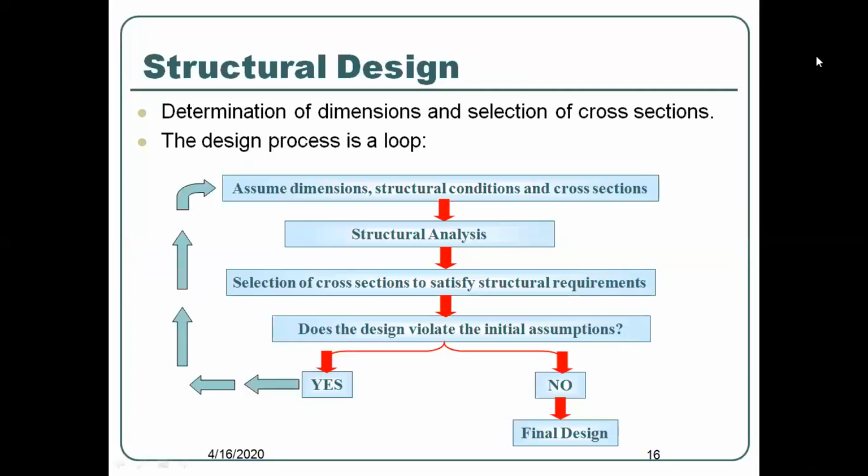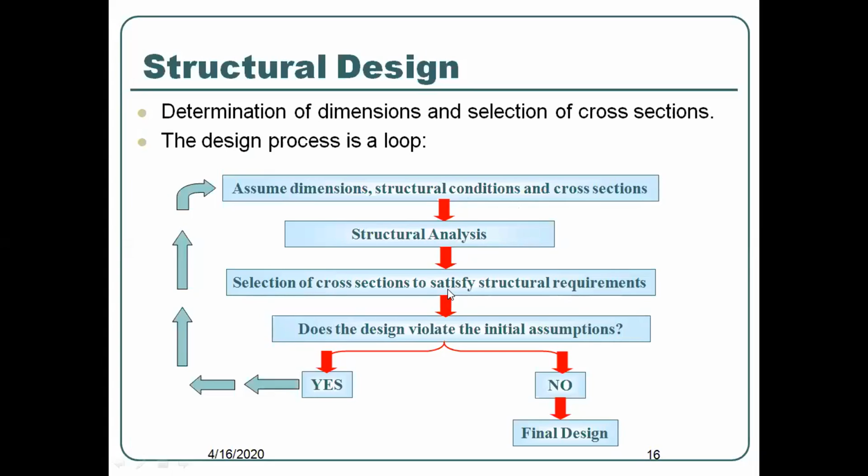This is one of the important structural design aspects. Whenever you start a design, it is a cyclic process, which gives a loop of where you need to start and where you need to design. Even when you are solving problems, first you have to assume dimensions and take the structural conditions and cross sections into consideration. Then you start analysis and selection of cross section to satisfy the structural requirements. Then you check the design against the initial assumptions.